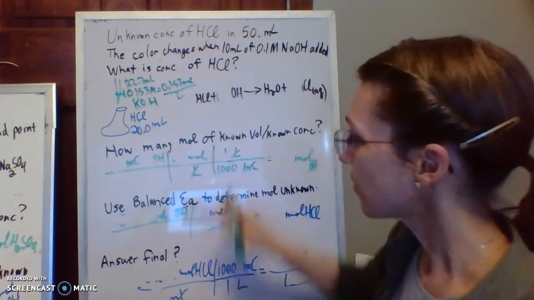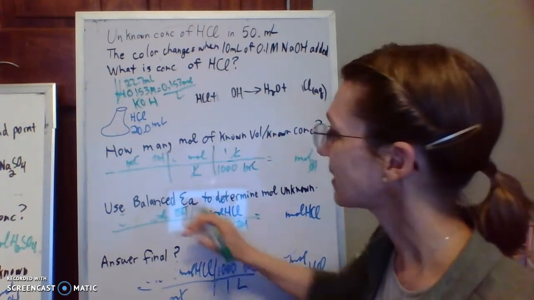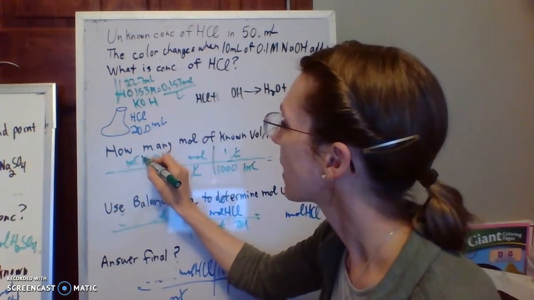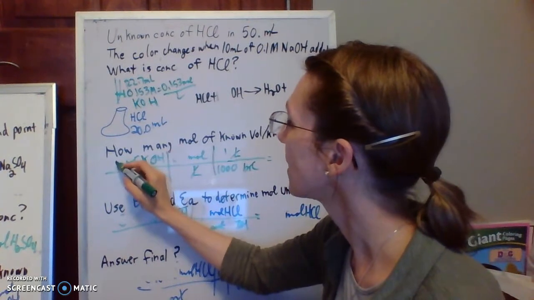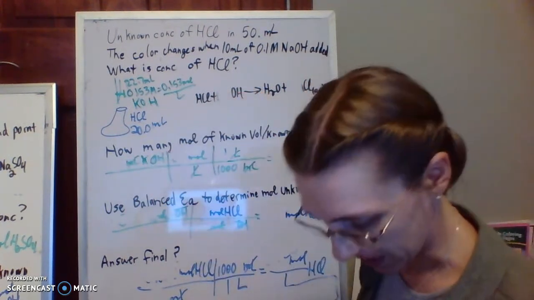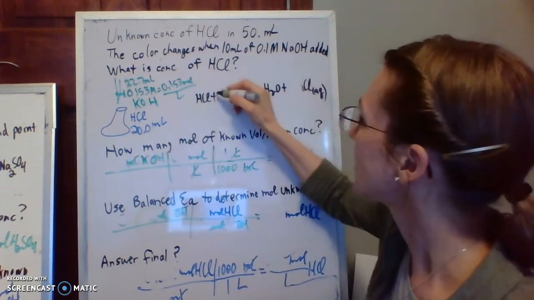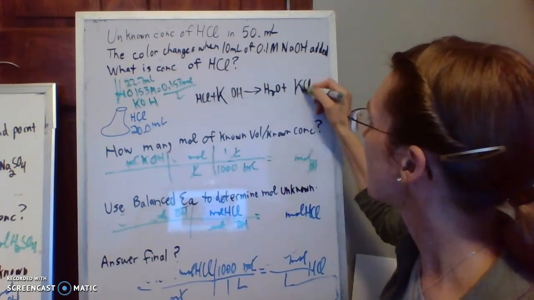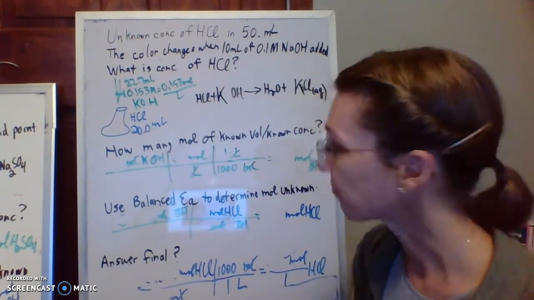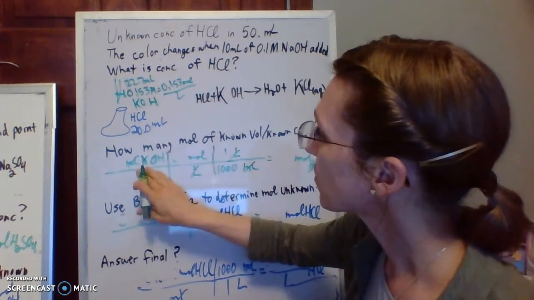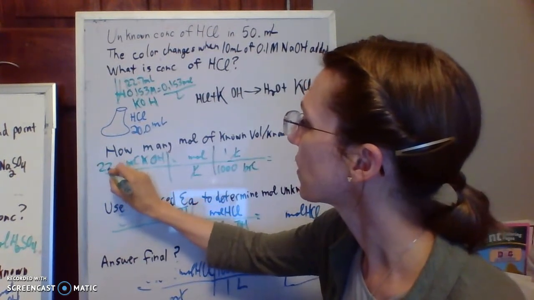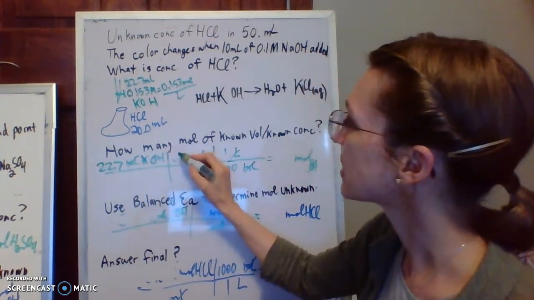Okay, so the problem is basically set up exactly as we did before. Here we're going to have potassium hydroxide. Let's fix our balanced equation. This time it's potassium hydroxide goes to potassium chloride.